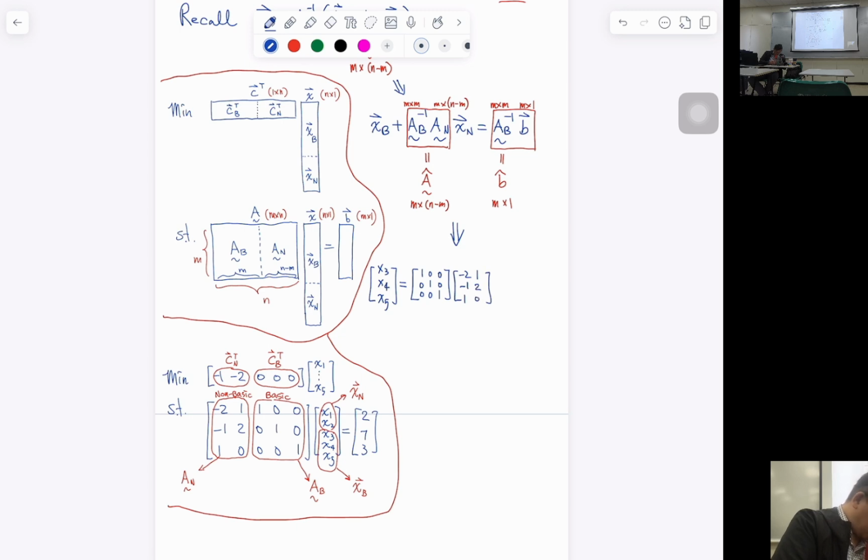What is our xN? It's going to be x1 and x2. Okay, and oh, sorry, typo. This is plus right here. This is going to equal to 1, 1, 1. And b is 2, 7, 3.